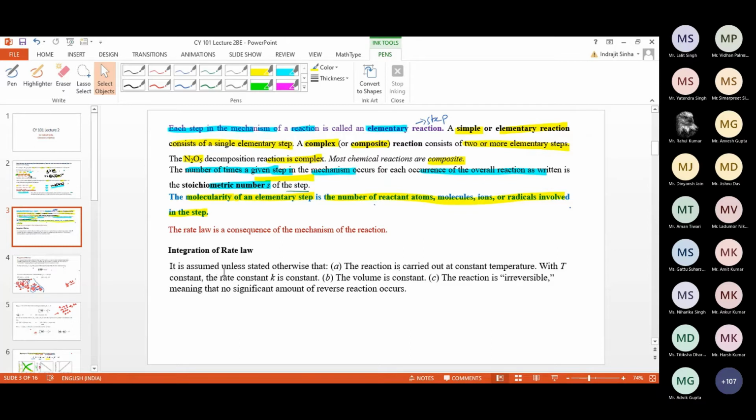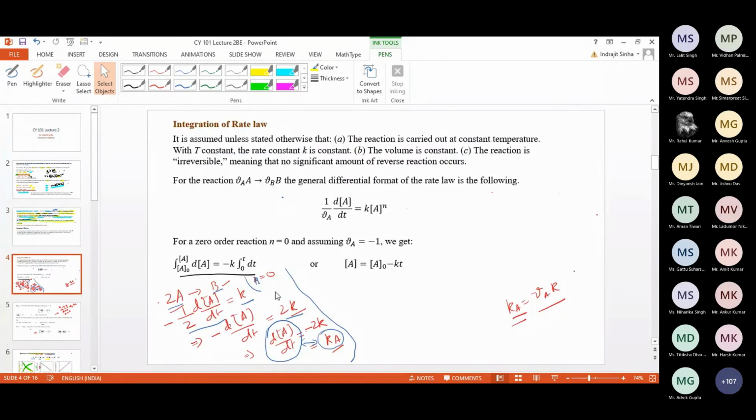All right, now we come to integrated rate laws. This is something which you have seen earlier as well. This is the integration of the rate law. You want to have it in an integrated form so that you can plot it.